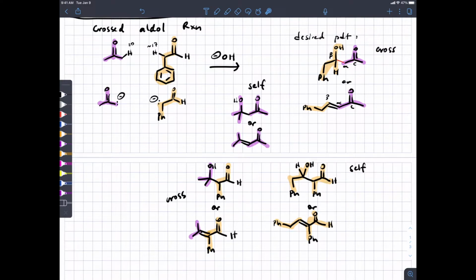So that's a mess. And frankly, if you look at those products, are they different enough in their properties that I would have a fighting chance of separating them? The answer is no. They all have similar polarity, so this would be terrible.